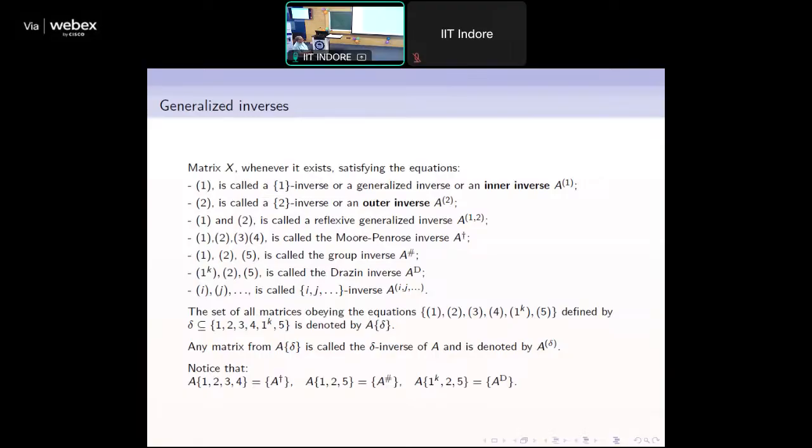Then popular G inverses are reflexive G inverses, which satisfy equations 1 and 2. There is the unique Moore-Penrose inverse, the unique group inverse, which satisfies equations 1, 2, and 5, the Drazin inverse, and so on. We can consider different combinations of G inverses.